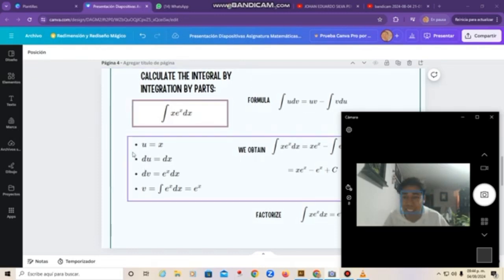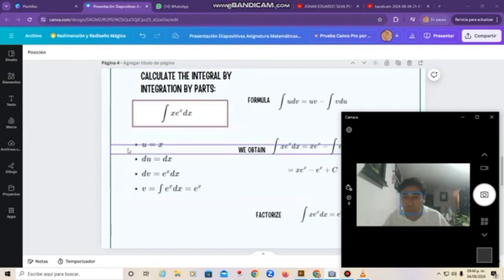Well, in this part we have u equal to x, du equal to dx, dv equal to e to the power x dx, and finally v, the integral of e to the power x dx, equal to e to the power x.